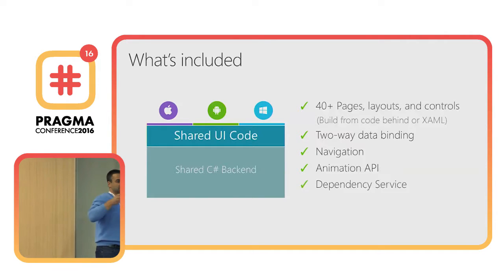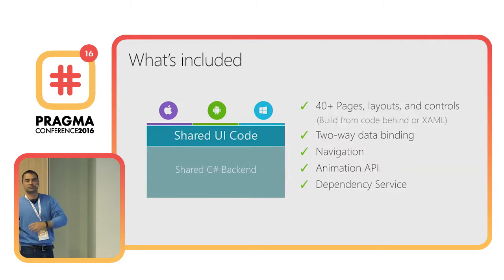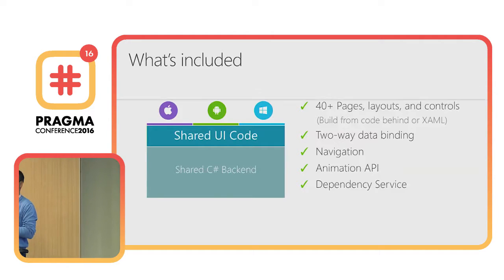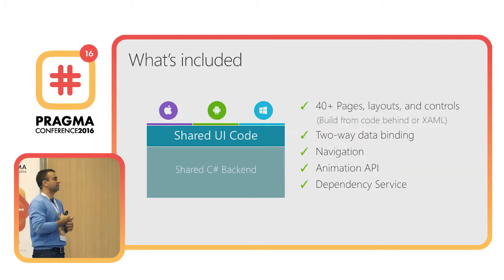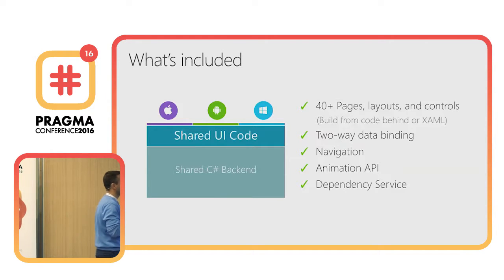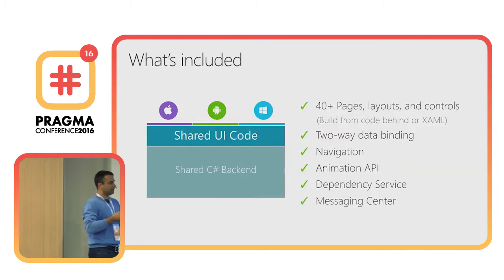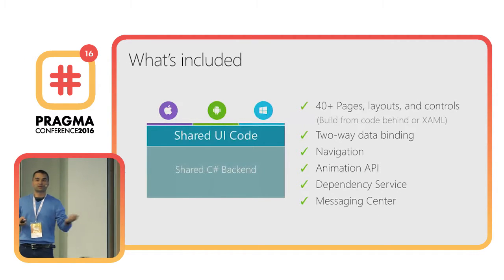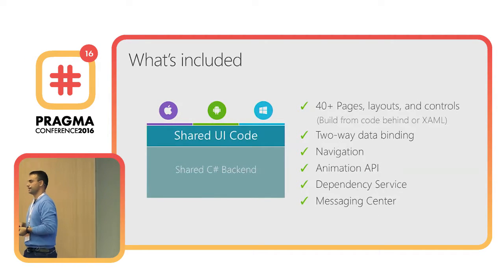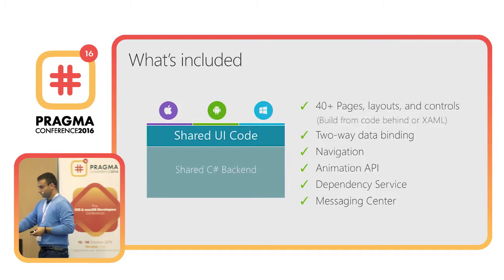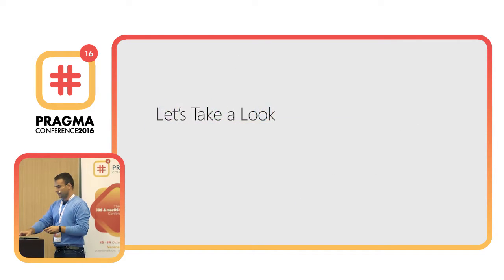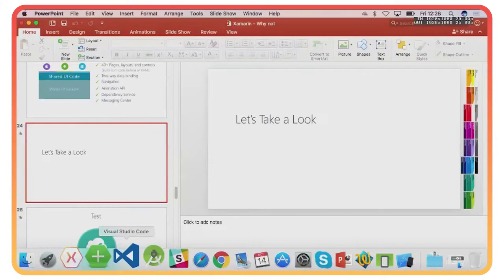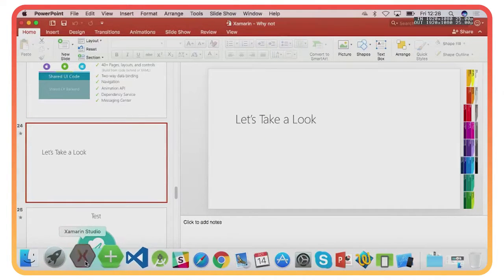We have dependency services, so we can inject native functionality in your code. We have a messaging center to create a message bus. It supports model view view model as a design layer. So I'm going to do a little demo on Xamarin Studio. Let's see if it switches.